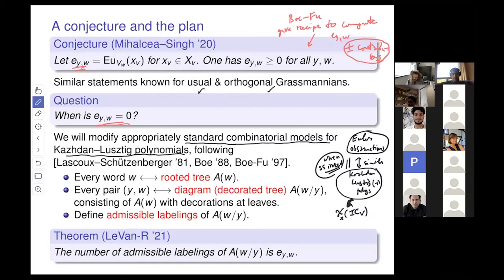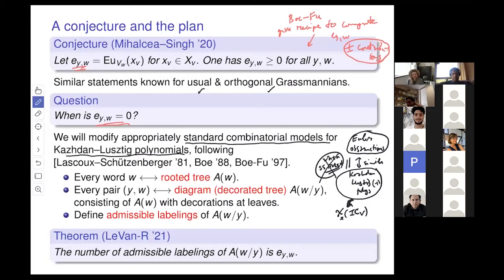In the case of the Lagrangian Grassmannian, we know that irreducibility fails. And so all I'm saying is that the Euler obstruction and the Kazhdan-Lusztig polynomials have similar behavior, but there is always an error term. There's always a distinction that's measured by these characteristic cycles that get more complicated, okay?